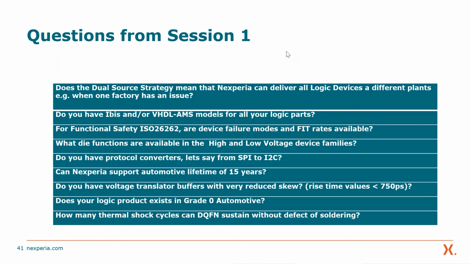Does the dual source strategy mean that Nexperia can deliver all Logic devices from different plants, i.e. when one factory has an issue? Javed, I might let you answer this one, but I believe that our strategy is that we have the design capability to build products in multiple facilities, but are we actually building them in multiple facilities? Would you like to address that one?